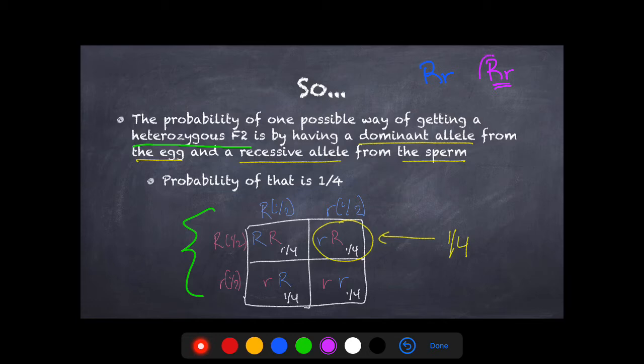So the probability that the egg, which is right here, is going to give us a dominant allele, which is this R, and the sperm, which is over here, is going to give us a recessive allele, which is this little r, right? That would look like this. So which one of the squares in the Punnett square looks like this? It's this one right here, right? So what is that probability? It's 1/4.